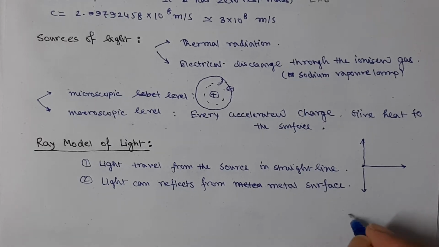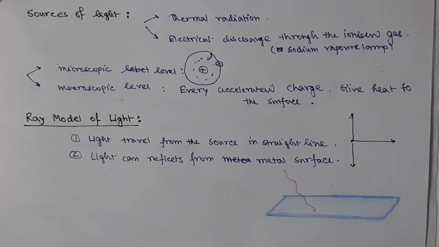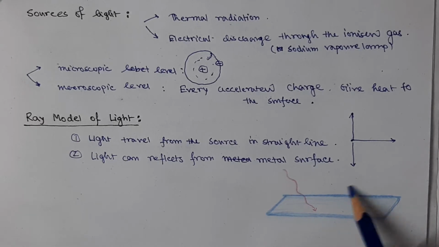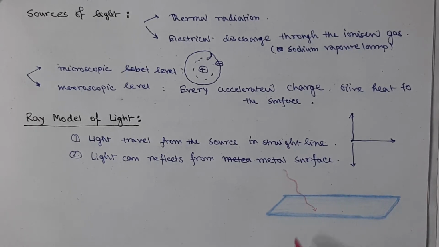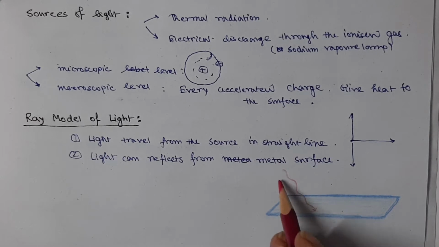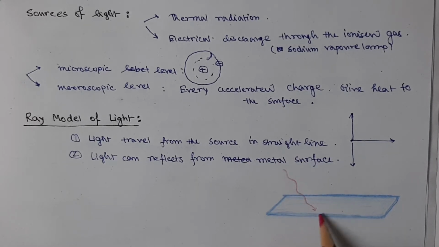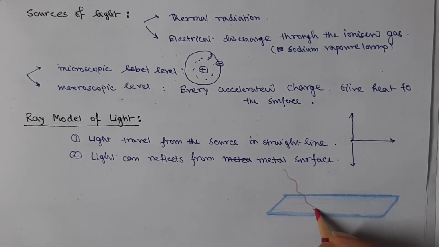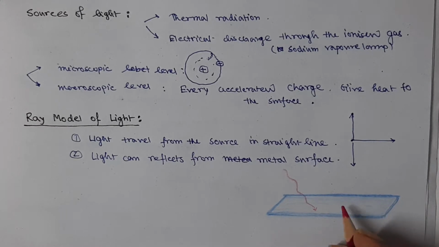So this is our metal sheet, and this is the light which comes from a source and strikes the metal sheet. What happens at the strike point is that the electric field can travel through the metal sheet, because metal can conduct electricity.